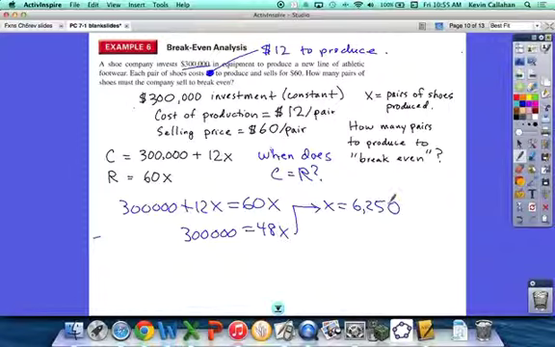Does anything seem wrong about that problem? I mean, what I'm wondering is, this x here represents what? Every pair of shoes that they've made, right? What does that represent? Every one that they sold. You could make a lot of shoes and not have sold every one.